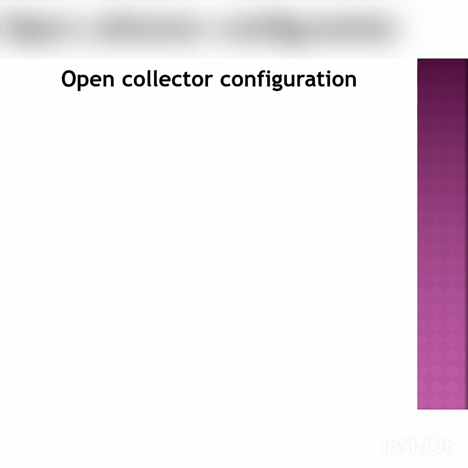As the name suggests, in the open collector configuration, if you consider a single transistor, its collector is directly taken out without any connection inside the IC as the output.